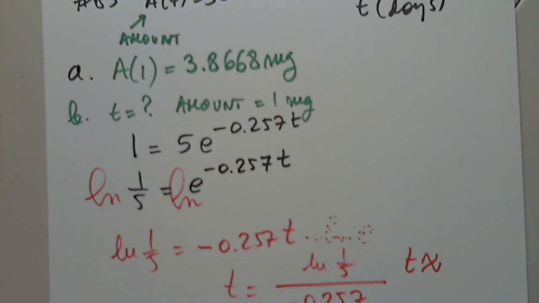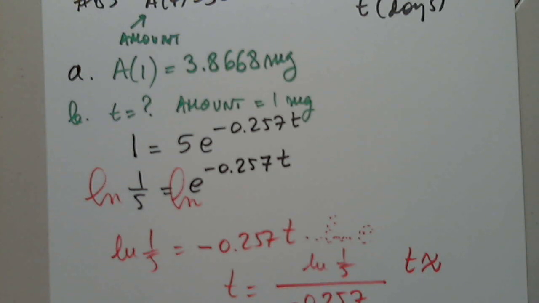So here it is, natural log 1 divided by 5, or you can put 0.2, that's fine too. Do not forget parentheses around the denominator because it's a negative number, 0.257, and close the parenthesis. And this is our answer.